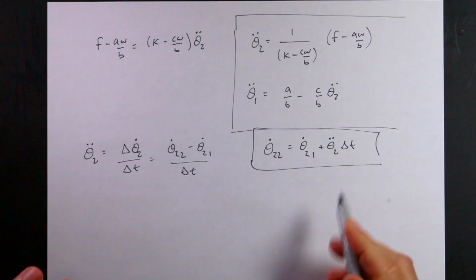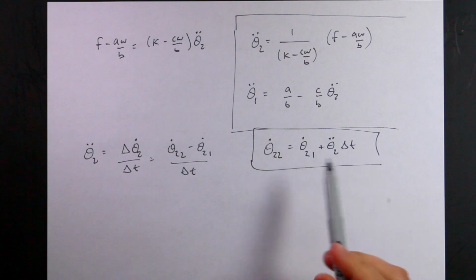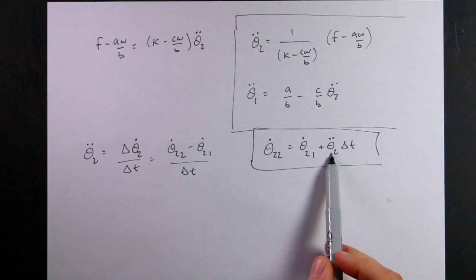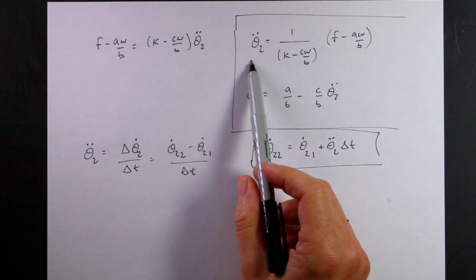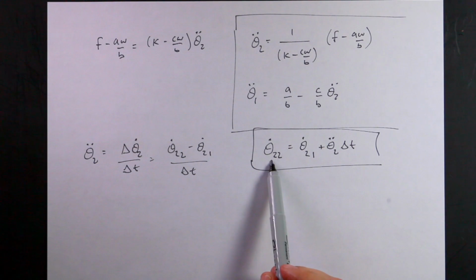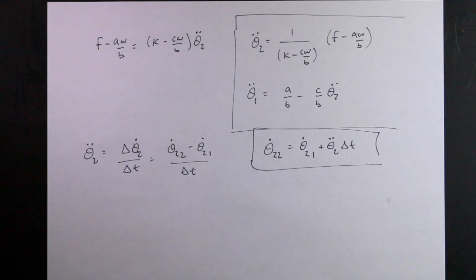This is the Euler method for numerical calculations. This says that if I know the initial angular velocity and I calculate the angular acceleration, which I can do up here, and multiply by delta t, I can find the new angular velocity. So this is the angular velocity update equation. And it's just mostly true. I mean, it's not exactly true.